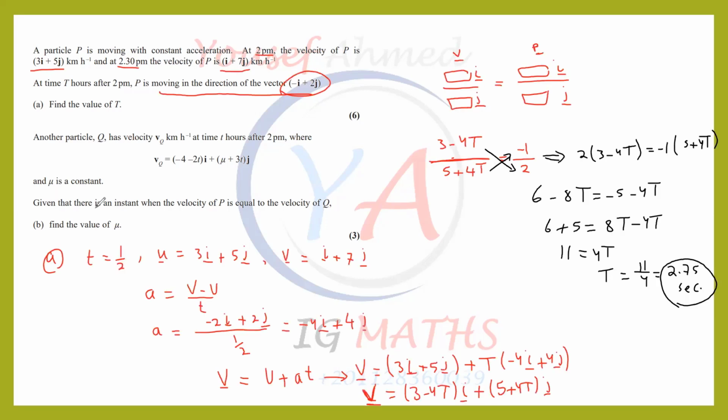So let's copy it here. So this is the velocity of particle P.